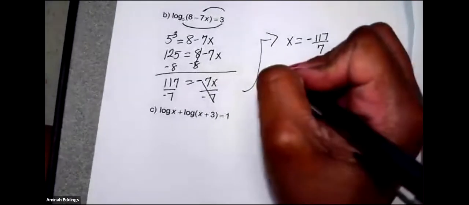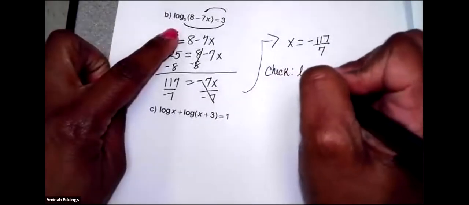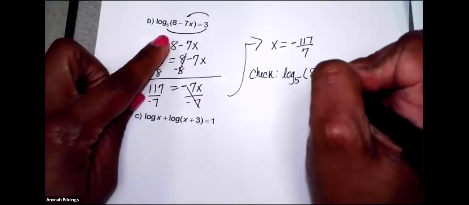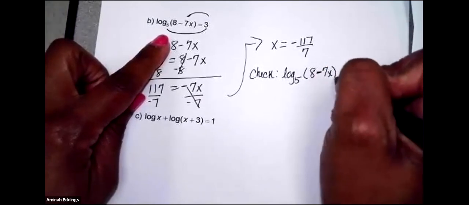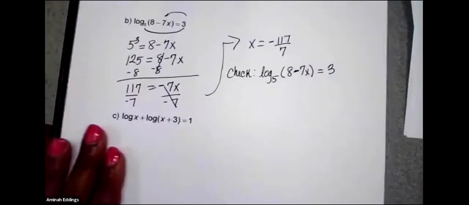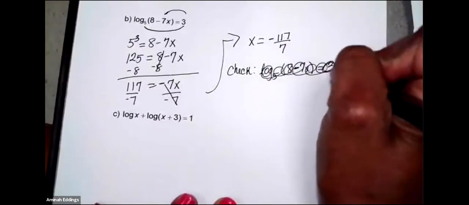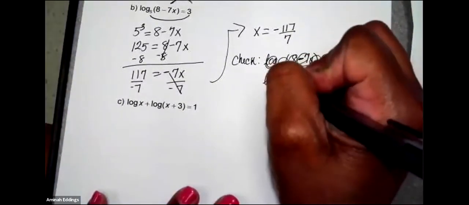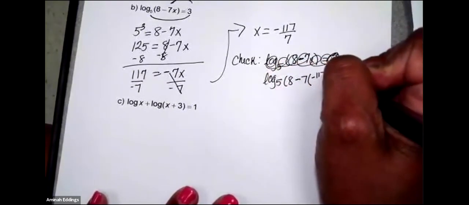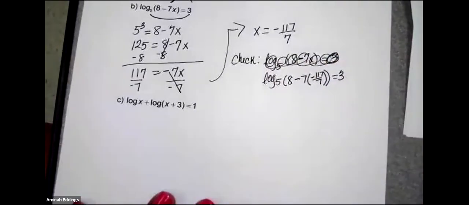Okay, let's go back in and check it. So log base 5 of 8 minus 7x should equal 3. I'm sorry, that should be 7. Let me redo that. Log base 5 of 8 minus 7 times negative 117 over 7 should equal 3.